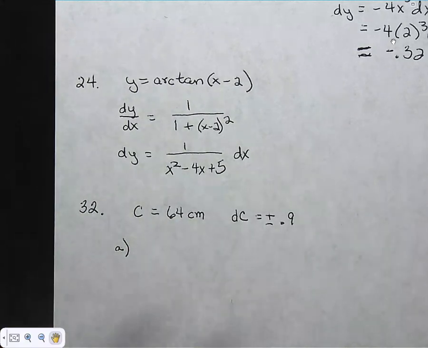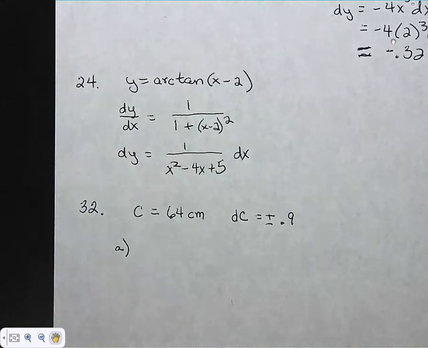Is 32 the A part, area? Yes. Oh, I looked at 33. 34A says volume. Oh, okay, that's even better. Okay, we'll do volume in 34. But A says approximate the percent error in computing the area of the circle.